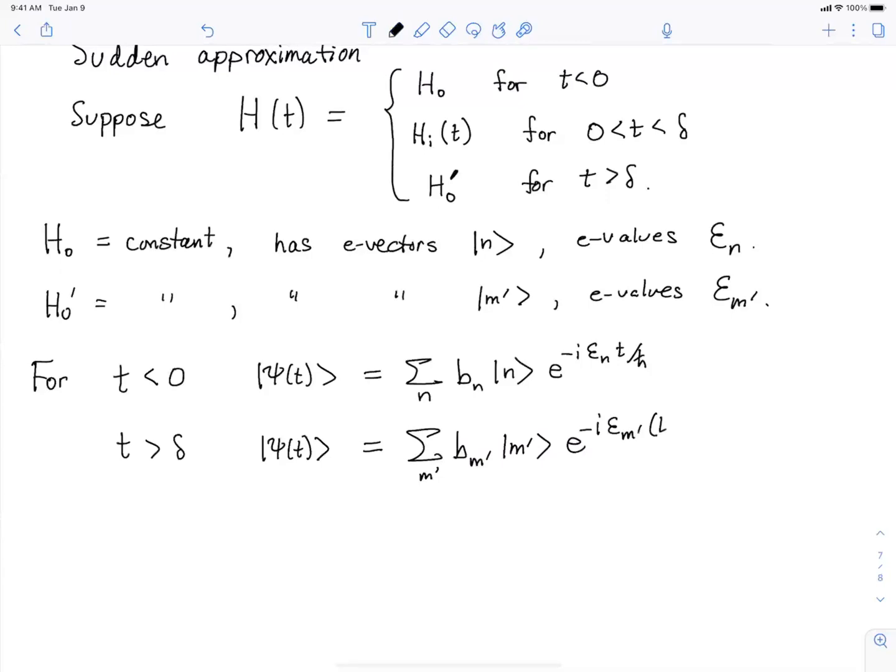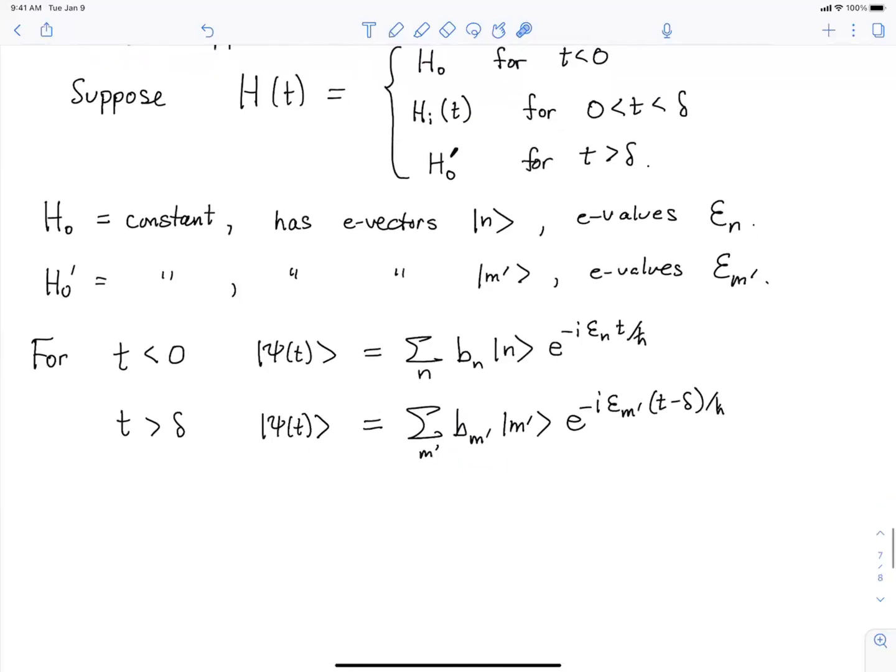And I'm going to put a t minus delta here, which I'm free to do because the minus delta part is just a constant. It's actually a phase, and so whatever that is, I can absorb it into the definition of my couplings out front. I haven't said what those are yet anyway, so I can absorb anything I want into those as long as it's a constant.